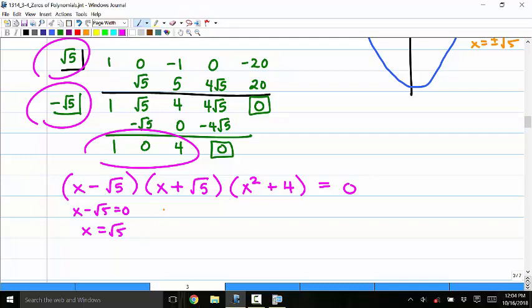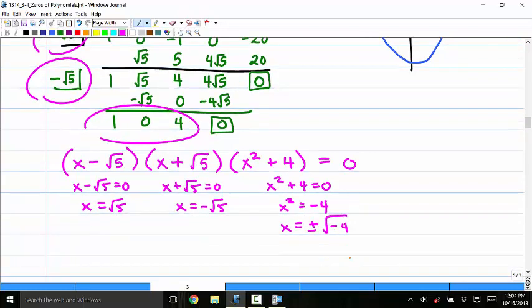So if I set those equal to 0, what do I get for my zeros? Root 5, negative root 5, and x squared equals negative 4, so x is plus or minus root negative 4, which is plus or minus 2i.